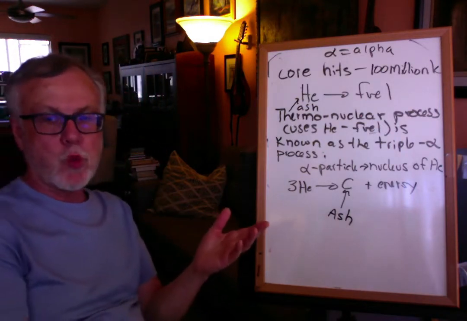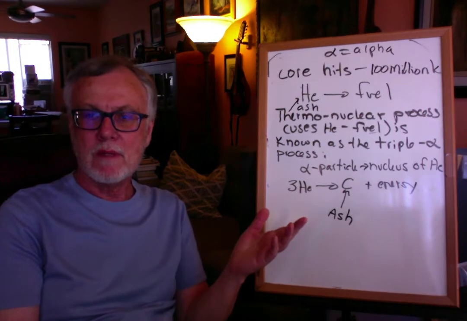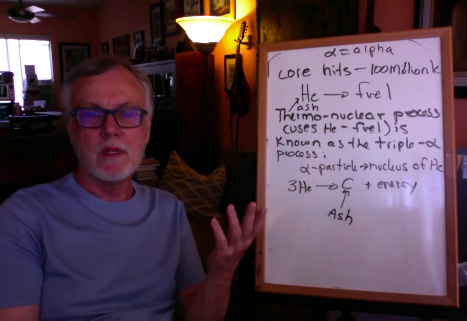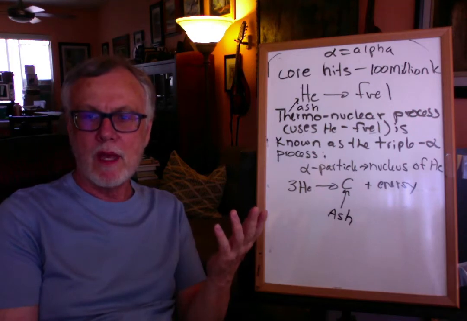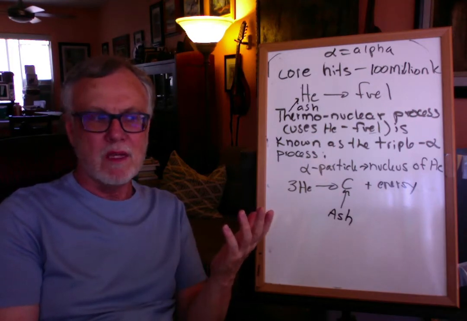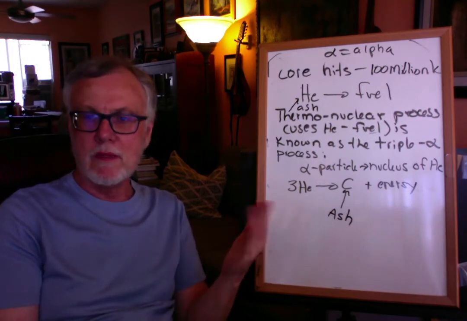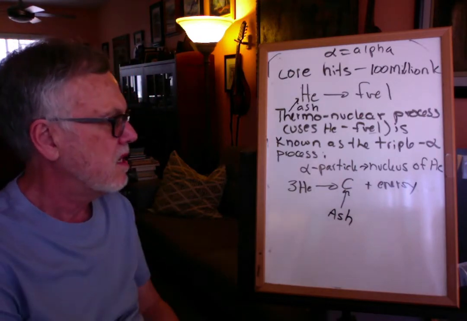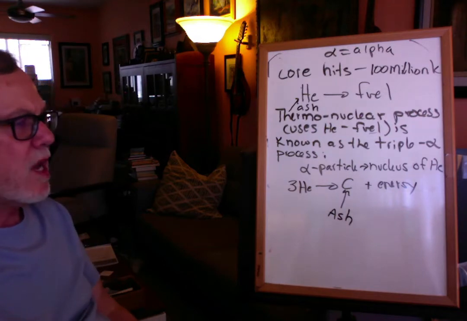And so, of course, why is carbon so important? I wish I could just ask you this directly. Where do we see carbon? It's the basis of life. Carbon is something we find in all life. And so we have this process.